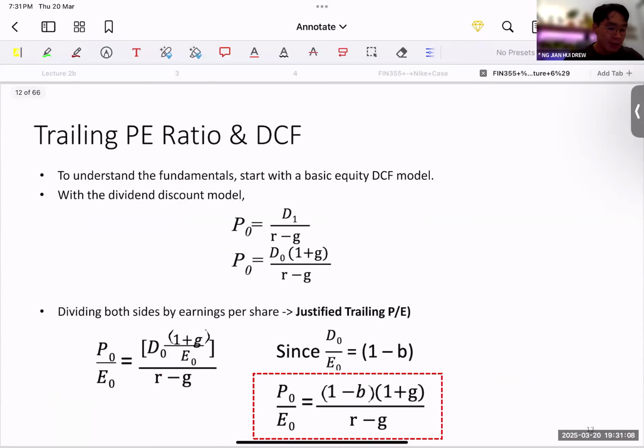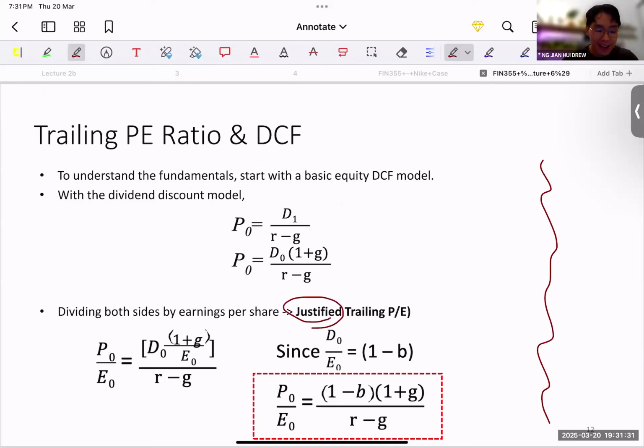Okay, so now this is the part where we're going to compare with what we can see in discounted cash flow. So why do we have this whole explanation here? What's the purpose? The purpose, and we'll see this in every ratio, is that we want to determine the idea of justified.